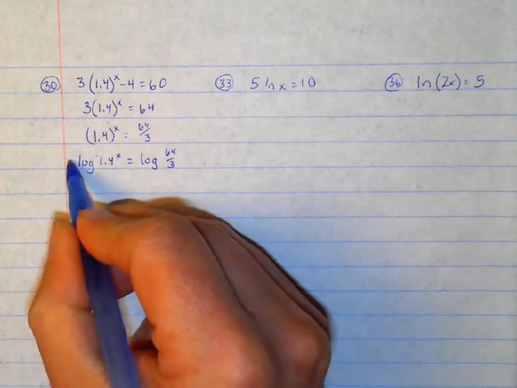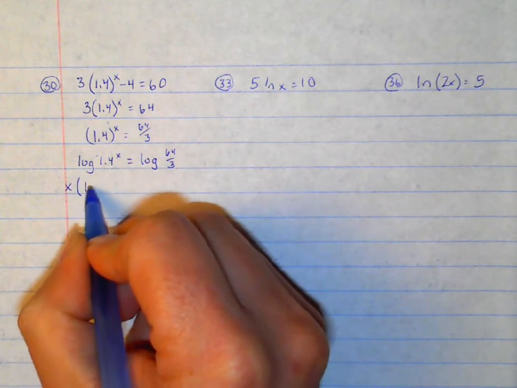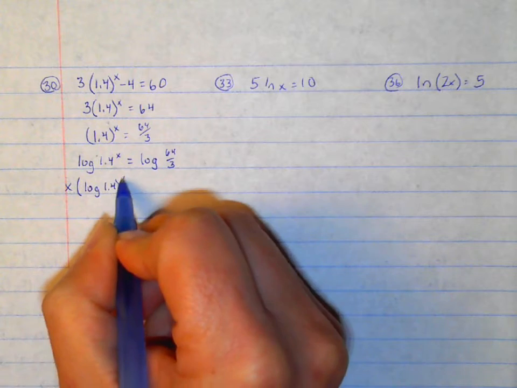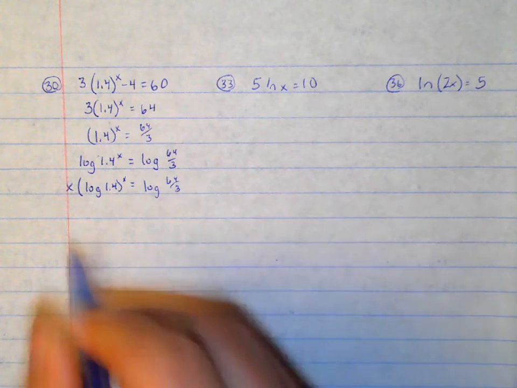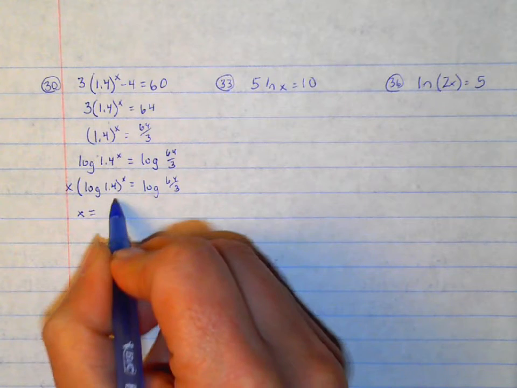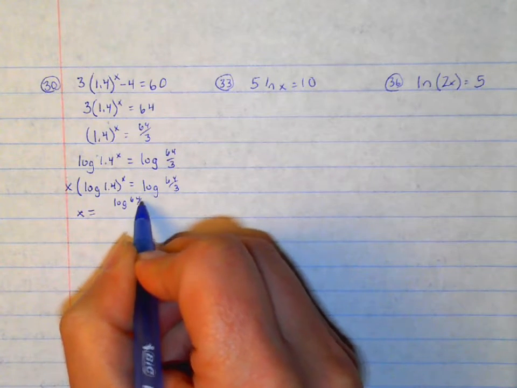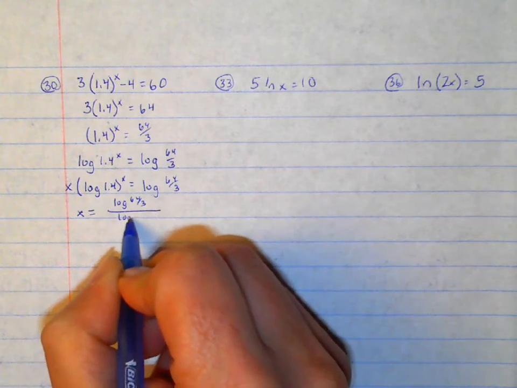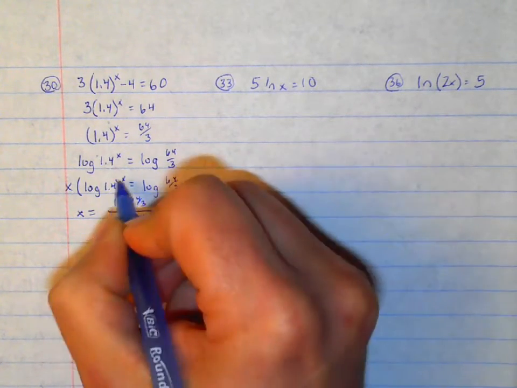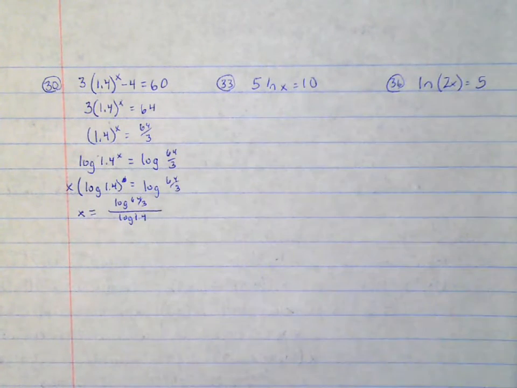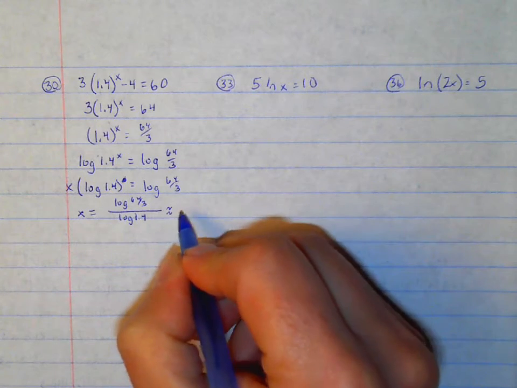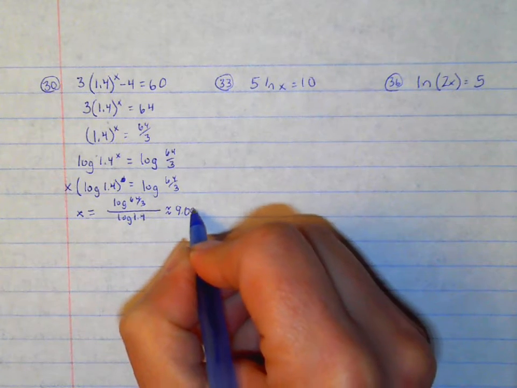And take the x out front, exponent rule. And solve for x, I get x is equal to the log of 64 thirds over the log of 1.4. The x isn't there because I took it out front. If you work this out to the decimal, it'd be about 9.095.